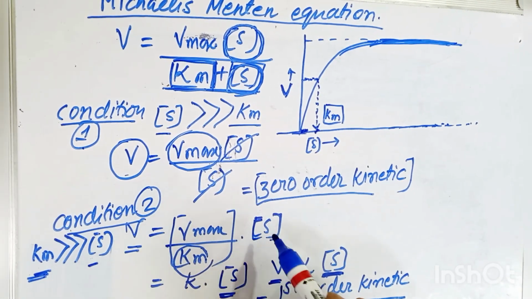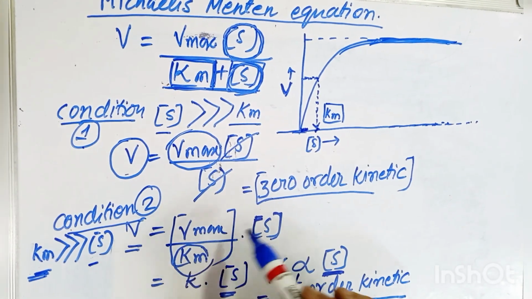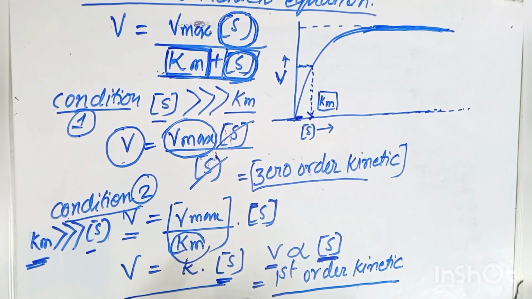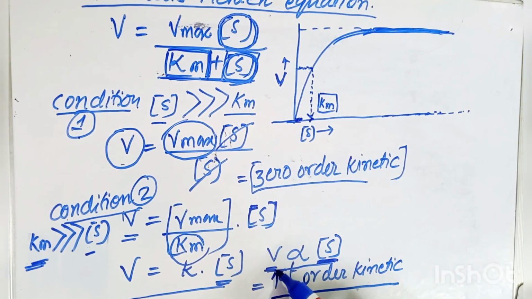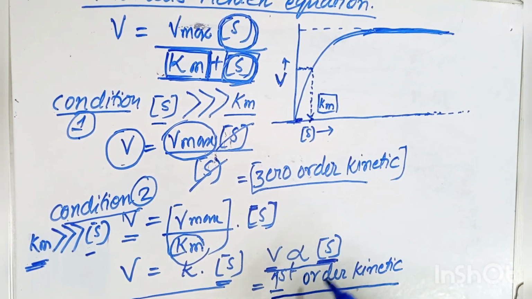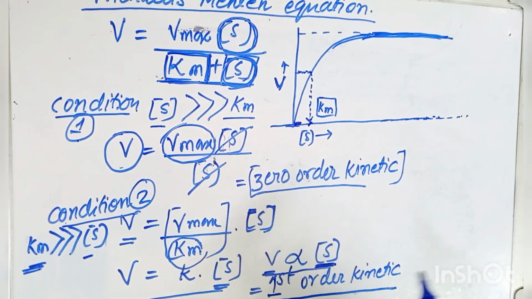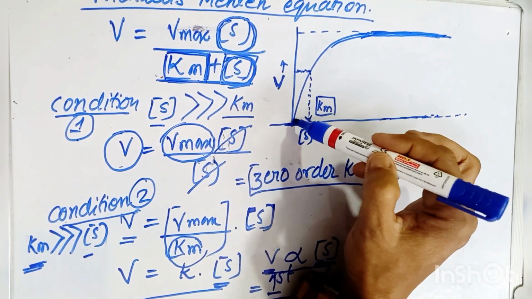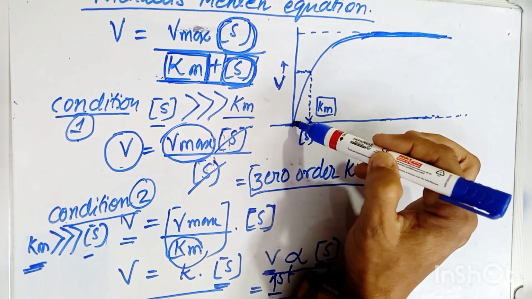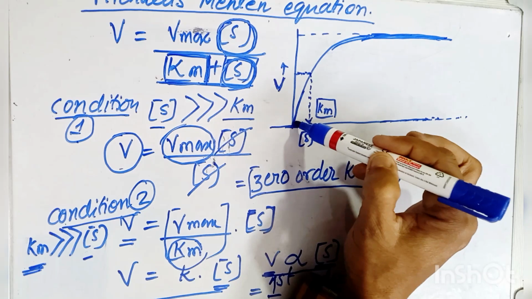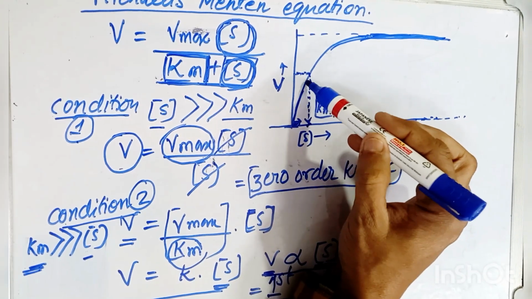The equation changes like this: Vmax by Km into S, that is, the velocity is directly proportional to substrate concentration, and it obeys a first order reaction because it is dependent on substrate concentration. So with little increase in substrate concentration, the velocity increases radically.